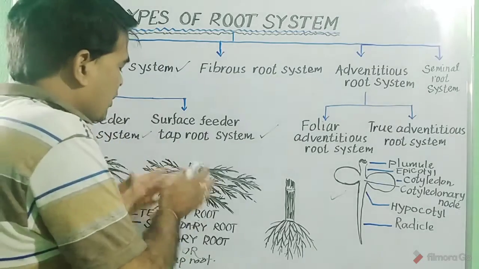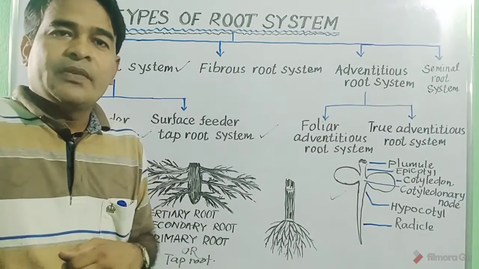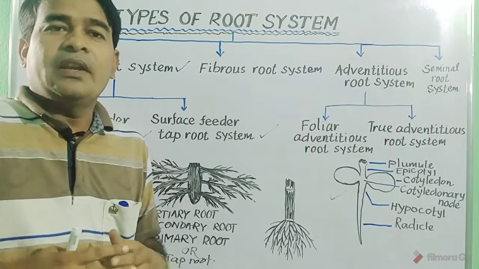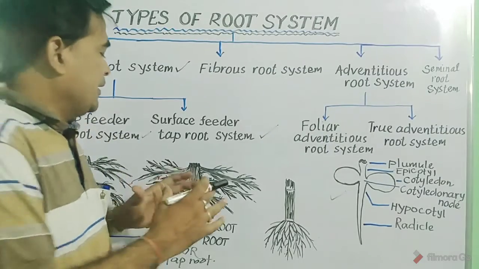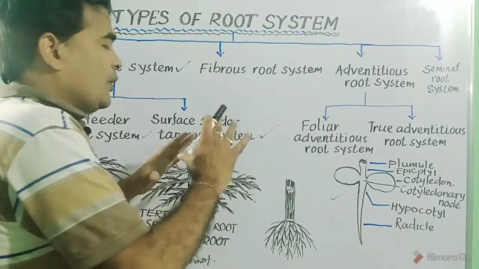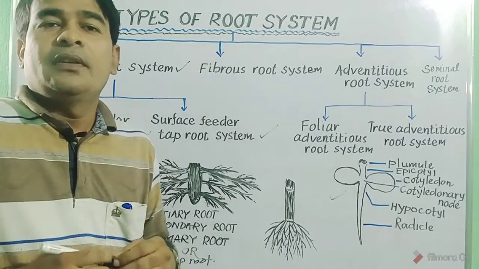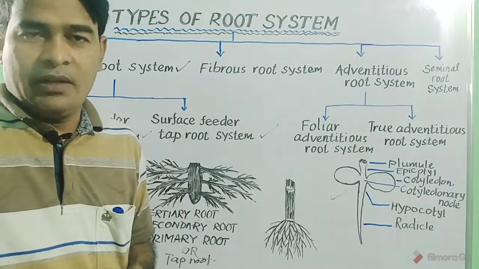This type of root system is found in herbs and some shrubs, and it facilitates the plant to collect more moisture over a large area.